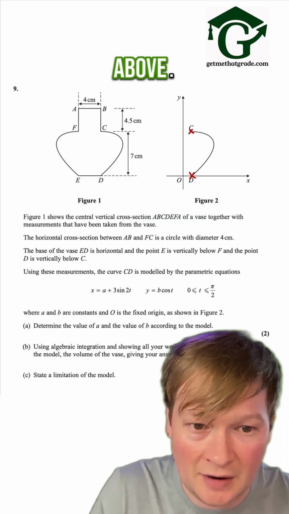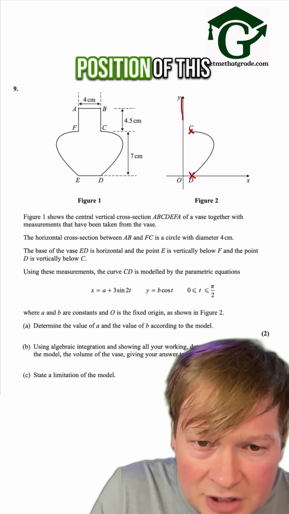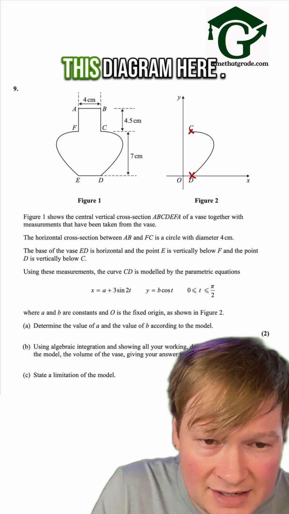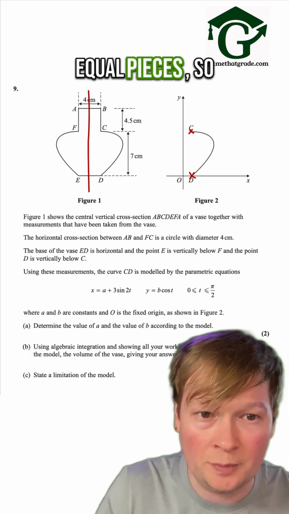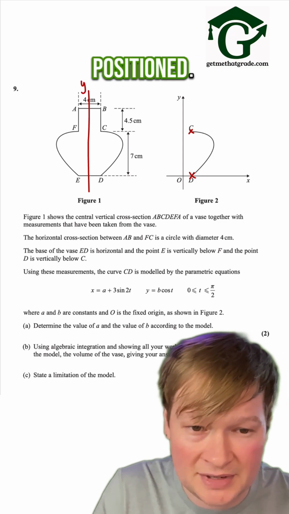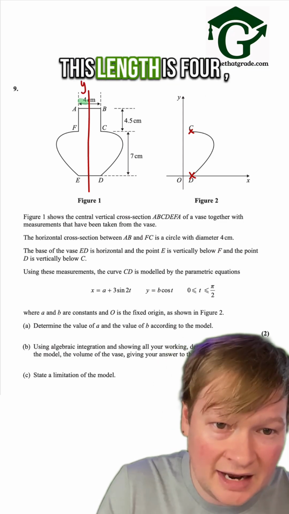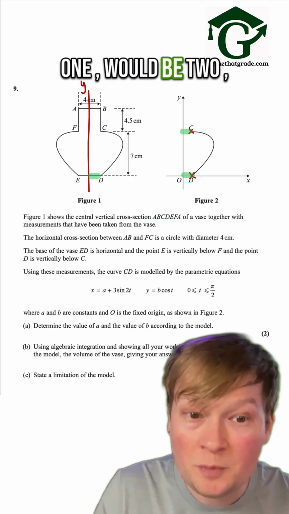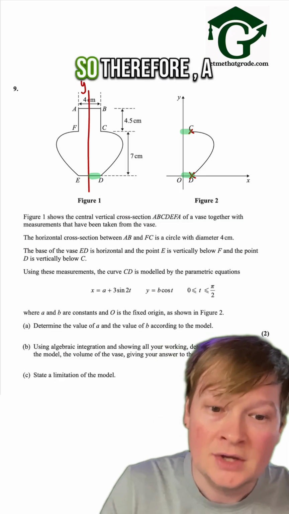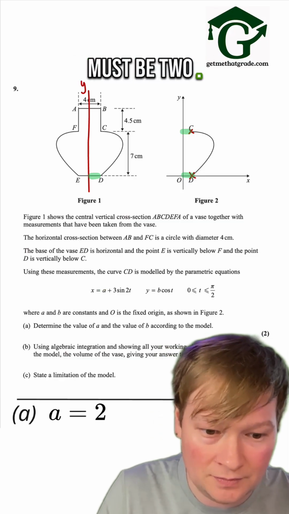They're vertically above. And let's think about where the position of this vertical axis is on this diagram. It's cutting the vase into 2 equal pieces, so that's where our y-axis would be positioned. And we know that this length is 4. So this length here, the same as this one and this one, would be 2, half of 4. So therefore, a must be 2.